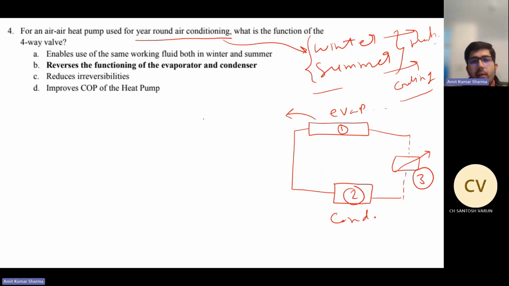Evaporator absorbs the heat from the circulating fluid and vaporizes the fluid in it. What will be the effect of the evaporator on the ambient, like on your control volume? Will it heat or will it cool? It cools. So evaporator basically does the cooling effect, and the condenser does the heating effect.